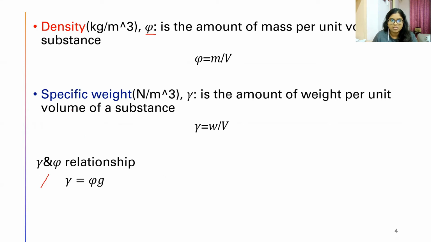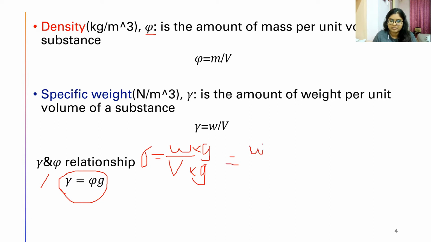So let's take a look at this relationship over here. The relationship is between specific weight and density. So how do we derive this equation? What you want to do is multiply gravitational acceleration to the numerator and denominator. So then you will get this form.